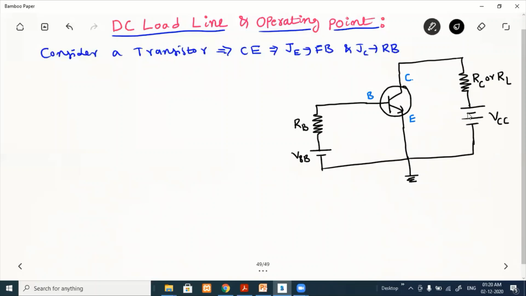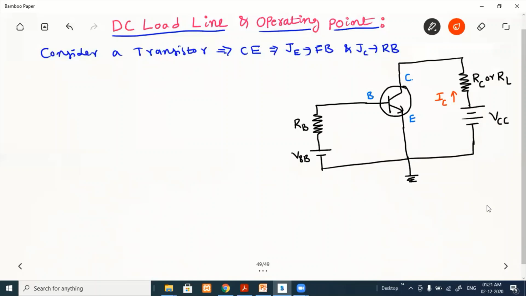Now, because of this VCC, we are getting a current in the output circuit. That current I am representing as IC. Because of this IC, we get some voltage drop across RL or RC.